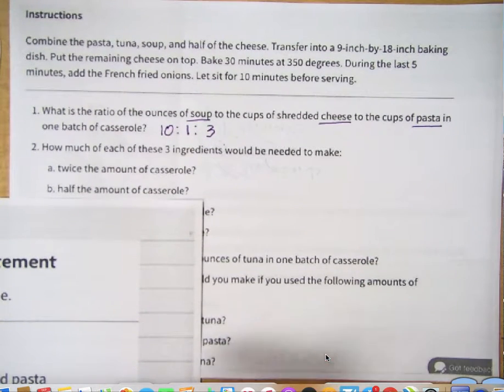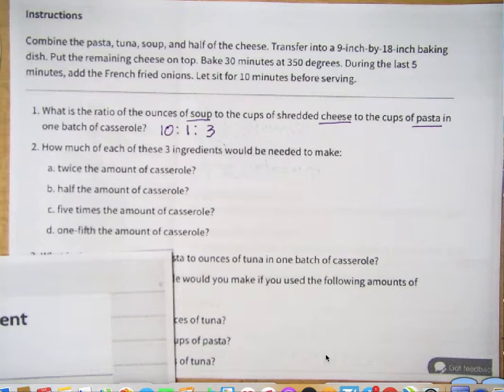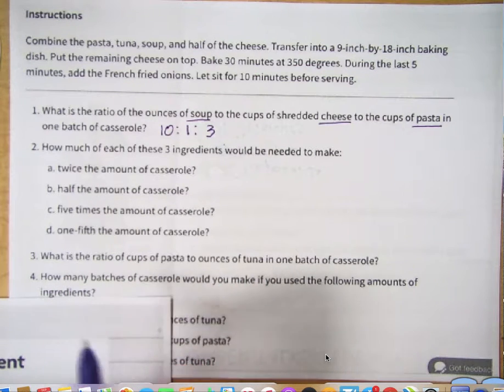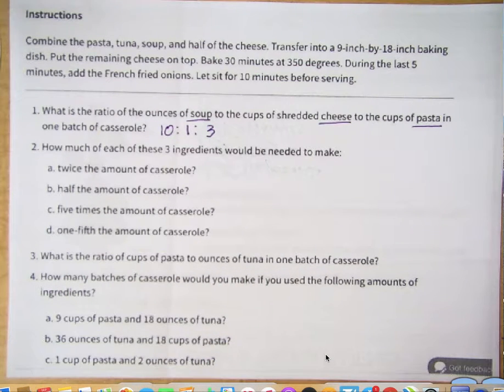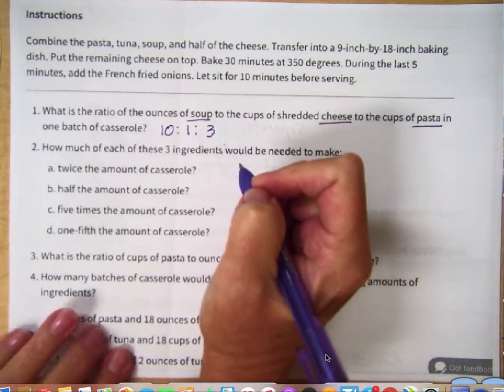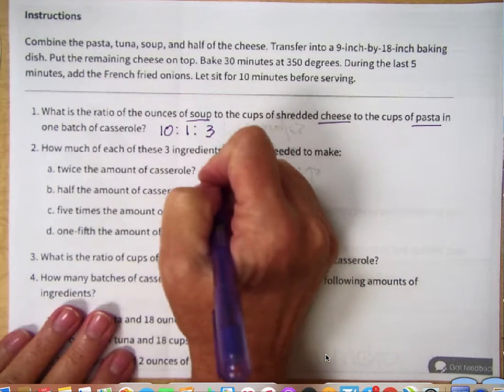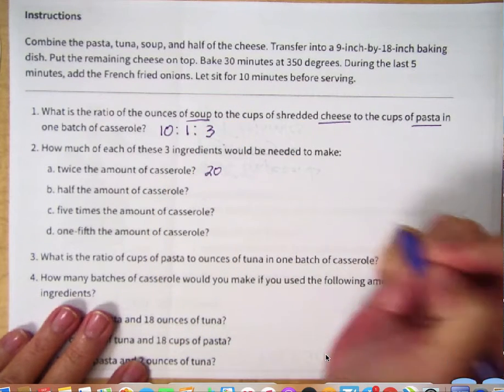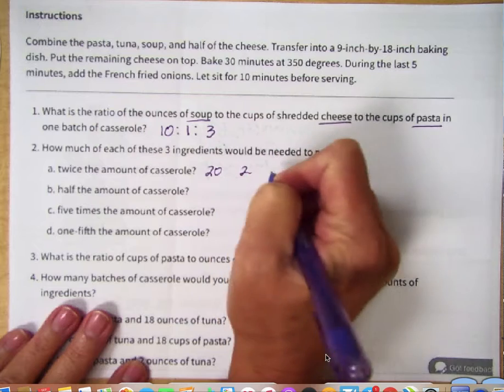Now, how much of each of these would be needed to make twice the amount of casserole? And we talked a couple of days ago about doubling a recipe. So what's 10 times 2? Well, 20. And what's 1 times 2? 2.